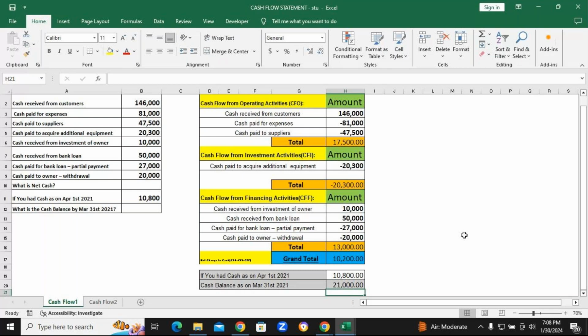We need to understand where the values will be taken in negative terms and where the values will be taken in positive terms. Wherever there is a cash inflow, the values will be taken in positive terms, and wherever there is a cash outflow, the values will be taken in negative terms.